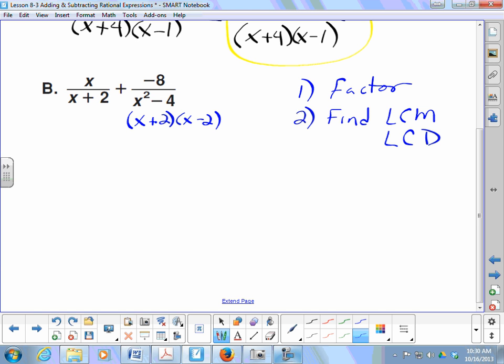Carly, what's my least common denominator in this case then? All right. So the second step is to find the least common multiple of the denominators. That means I'm going to list all of the different factors.